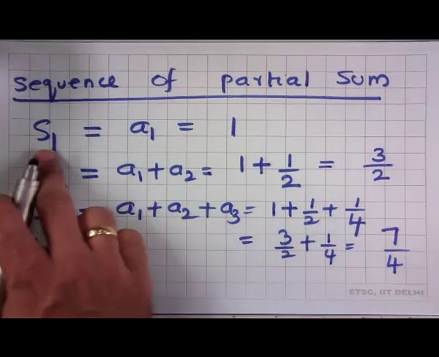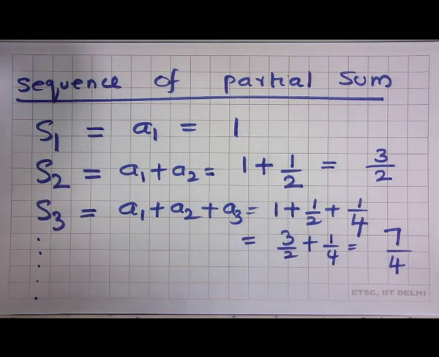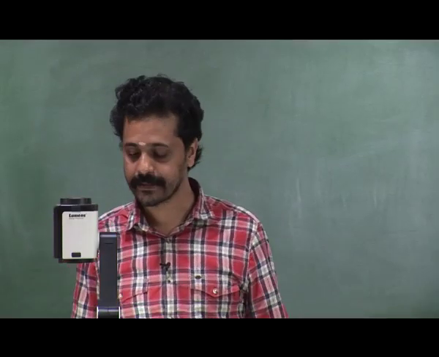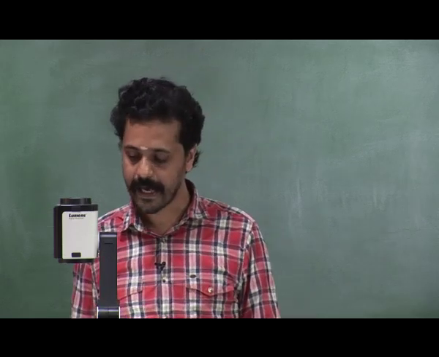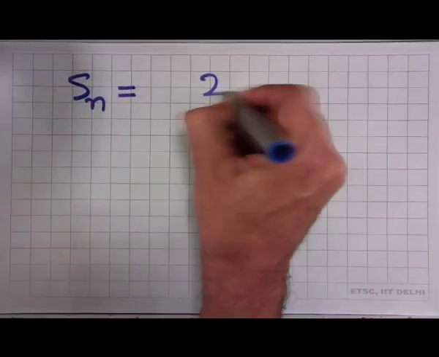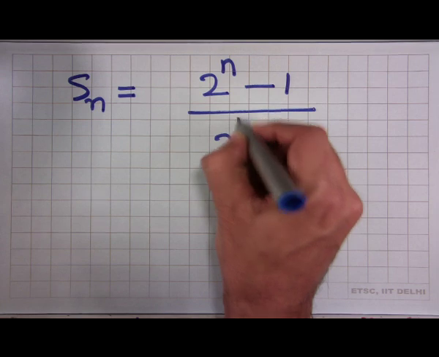S1 is 1, S2 is 3 by 2, S3 is 7 by 4 and so on. It is a bit involved, but with careful observation it can be seen that there is a pattern and Sn, the nth term, will be (2 power n minus 1) by 2 power (n minus 1).